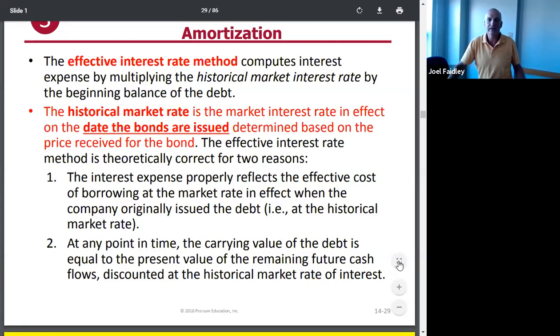That has to be amortized to zero. And the question is, do I do it through the straight line method or do I do it through the effective rate of interest method? GAAP says that there's not a material difference, which is significance. If there's not a material difference between the actual amortization between a straight line and an effective rate of interest method, you can use straight line.